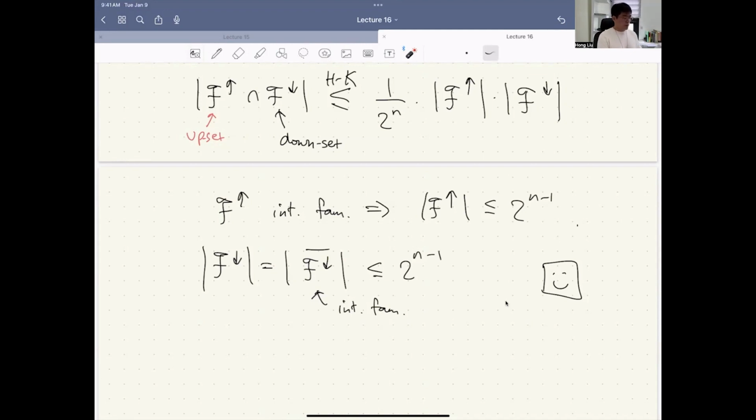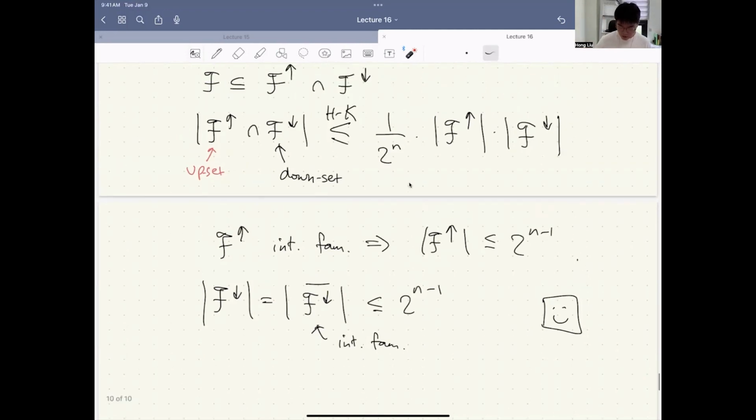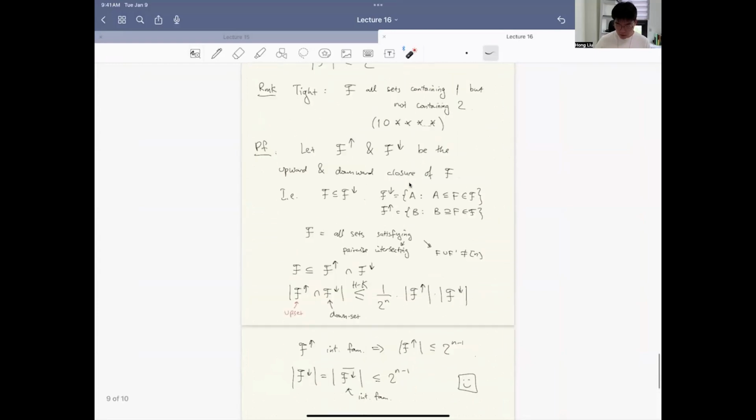There are extensions of this inequality, FKG, and you can find it in Alon and Spencer's book, and maybe in the second half topic course, we might talk a little bit more on this. For now, that's all I want to talk about.